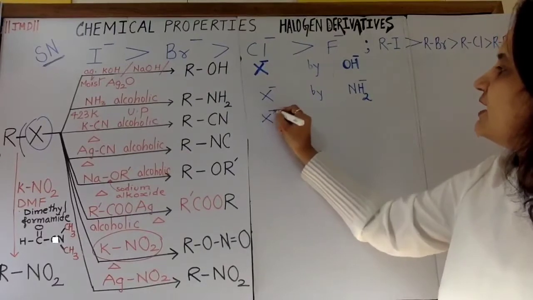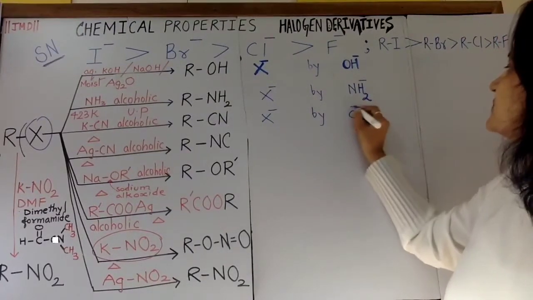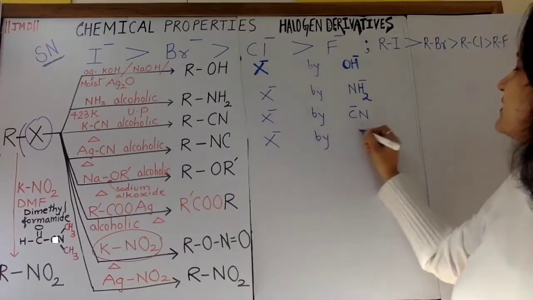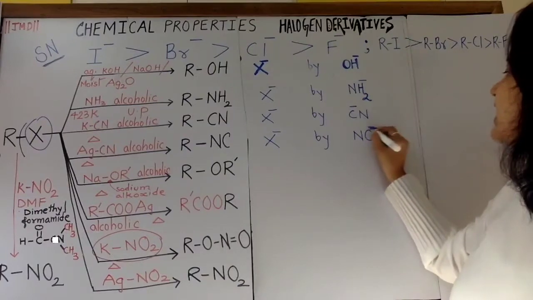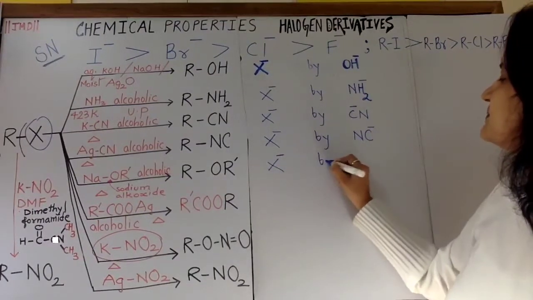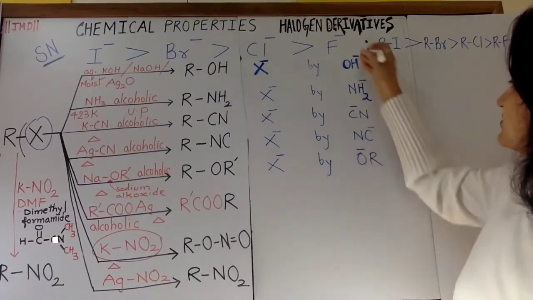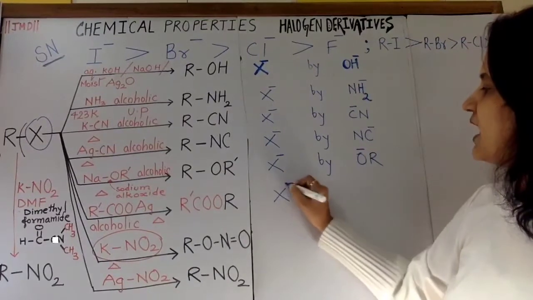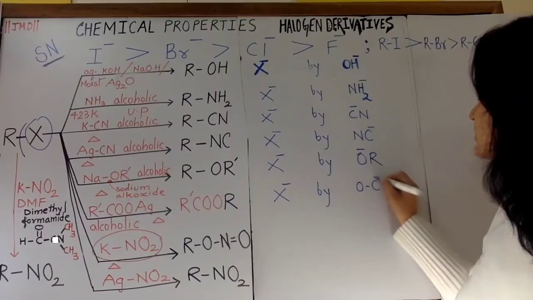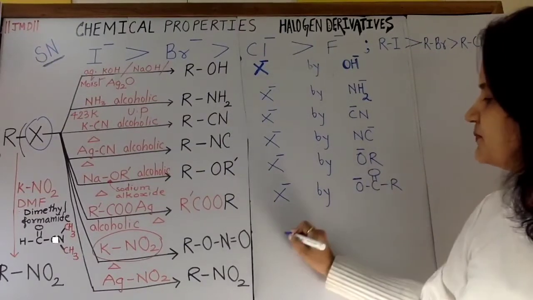Here the halide ion is replaced by the cyanide group. Here the halide ion is replaced by the isocyanide group. Here the halide ion is replaced by alkoxide group. These are the stronger nucleophiles. Halide ion is replaced by OCOR, acyloxy group.